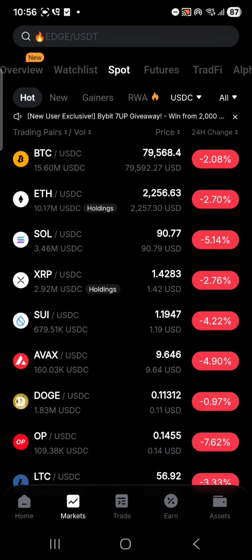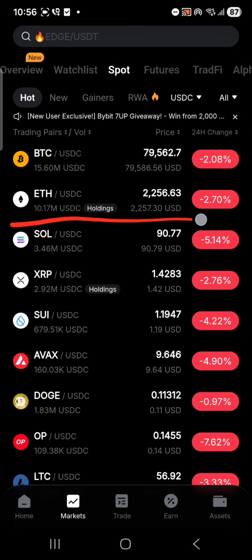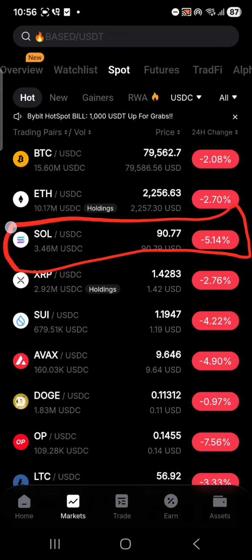I went to the market section. Is everywhere not red? Everywhere is red. And my attention is on SOL because we are providing liquidity on SOL tokens. So I look at my Solana here. My Solana is red. Because Bitcoin controls the market and Bitcoin is red, everywhere is red. So what does that mean? It means most people are selling their crypto.